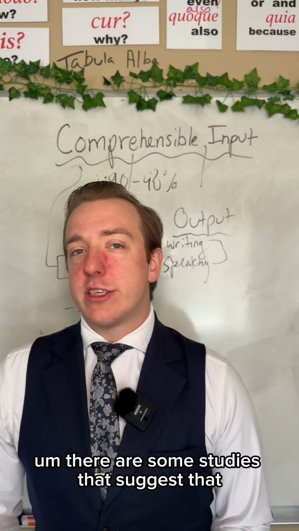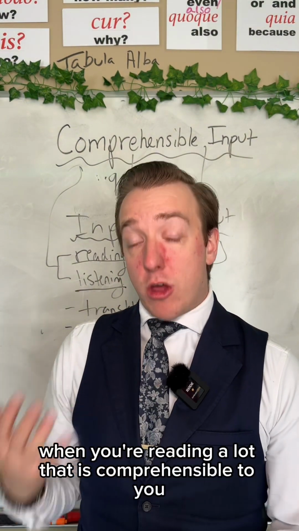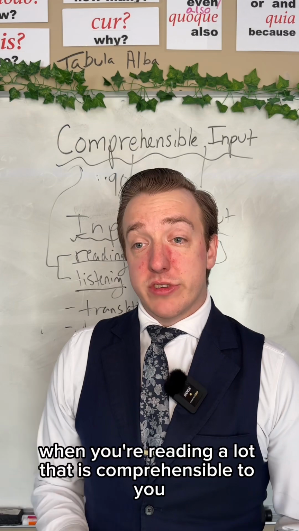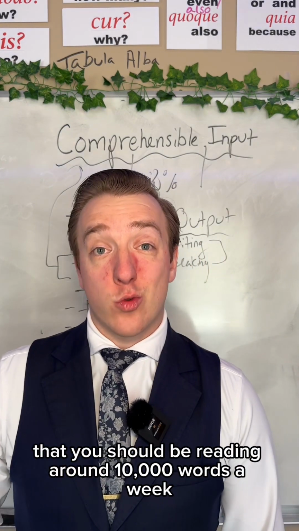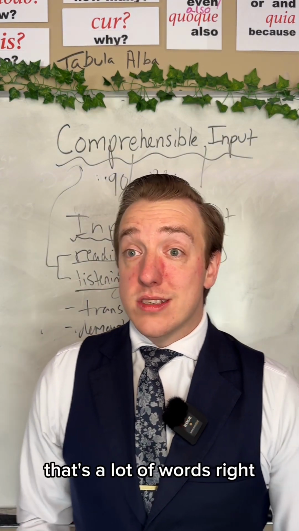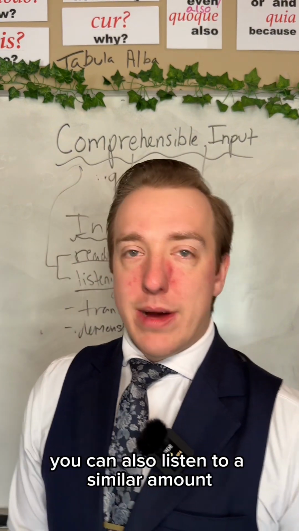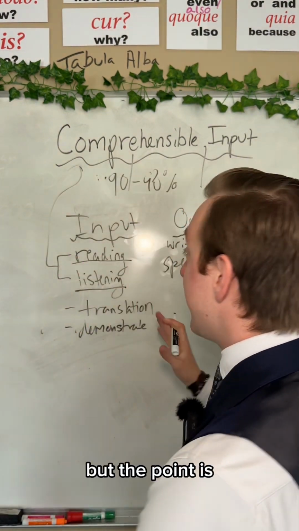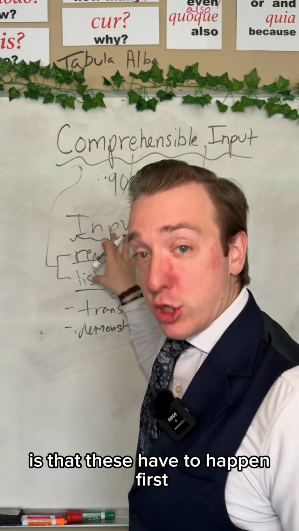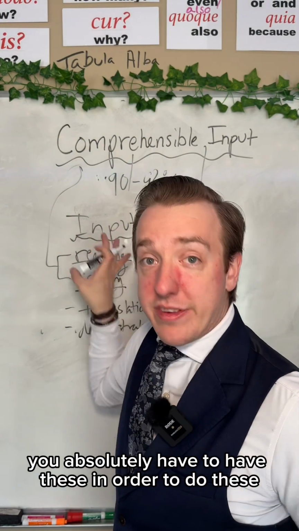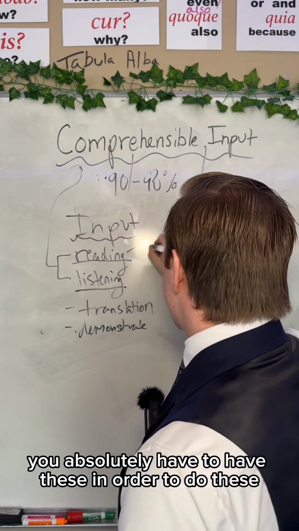There are some studies that suggest that when you're reading a lot that is comprehensible to you, you should be reading around 10,000 words a week. That's a lot of words, right? You can also listen to a similar amount, and it will help you. But the point is that these have to happen first. You absolutely have to have these in order to do these.